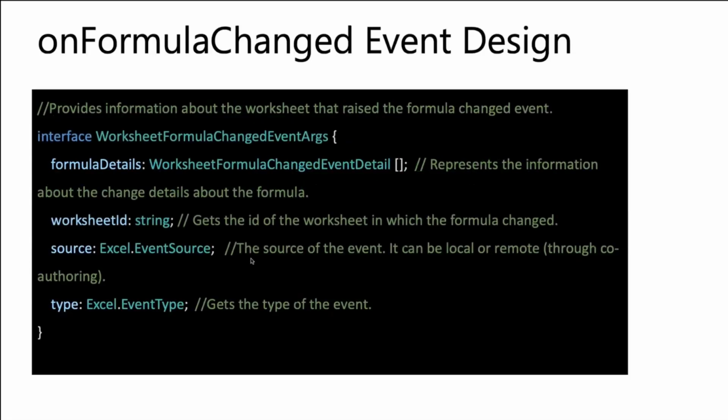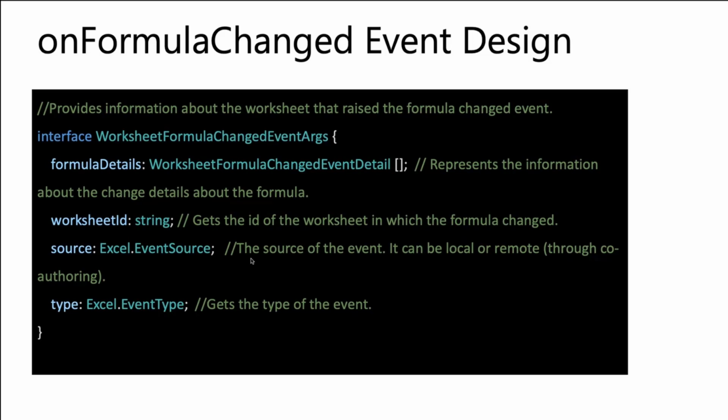With that you can restore that information, and you will also know the right place in the database to write it back. Then there is the worksheet ID and the source event, indicating whether this was triggered locally or remotely.